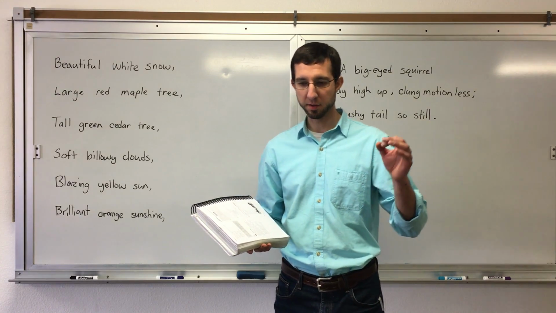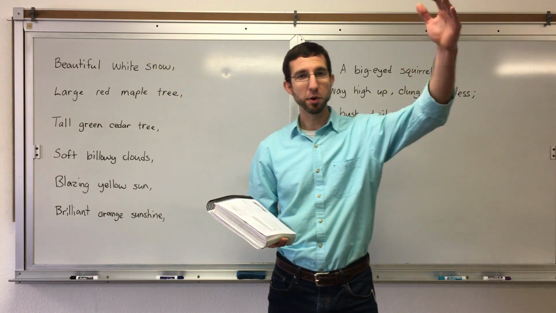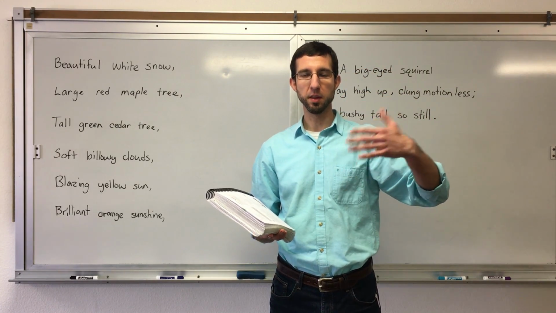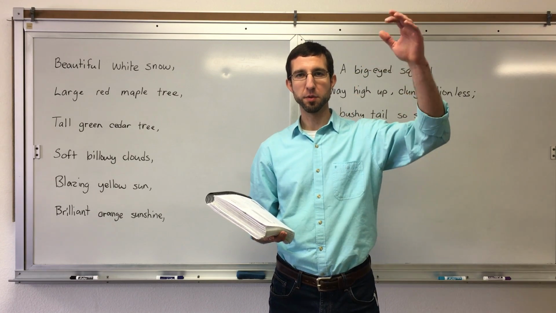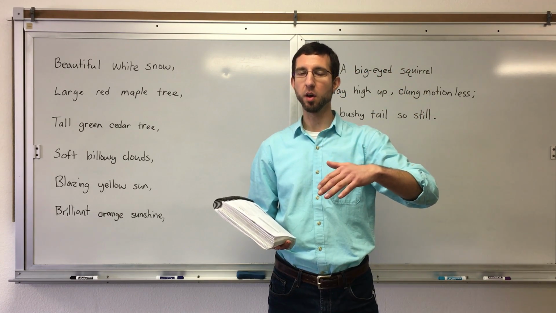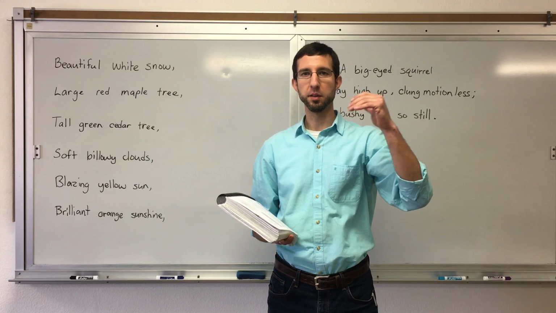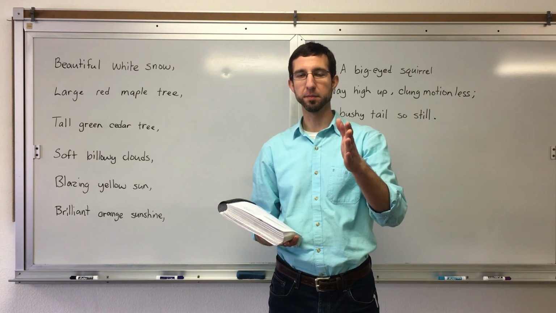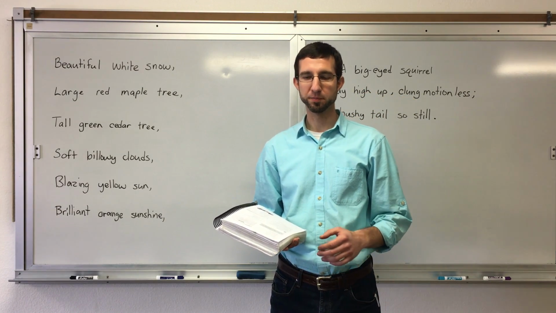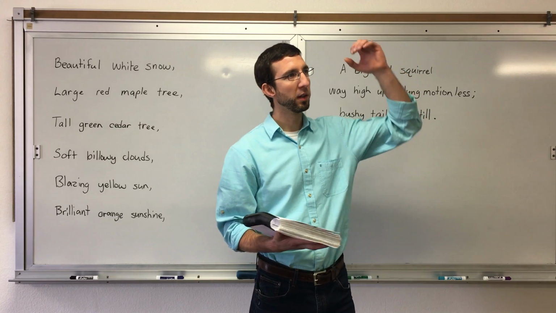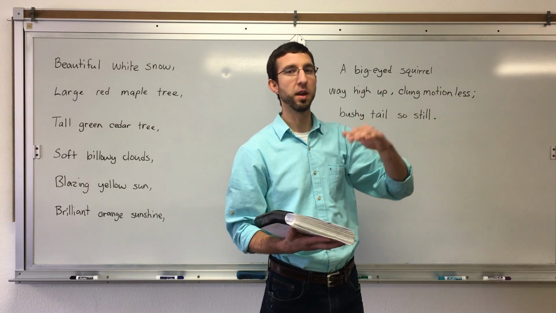A limerick has a total of 5 lines in the poem, and the first, second, and the 5th line all rhyme, and the 3rd and the 4th rhyme together. So the rhyming pattern would be A, B, B, A.